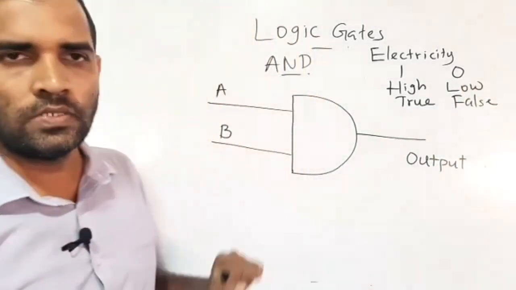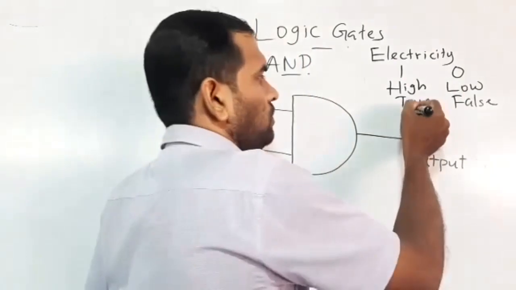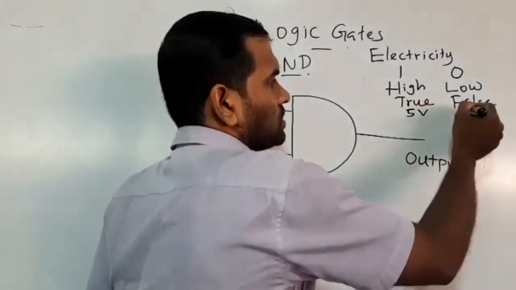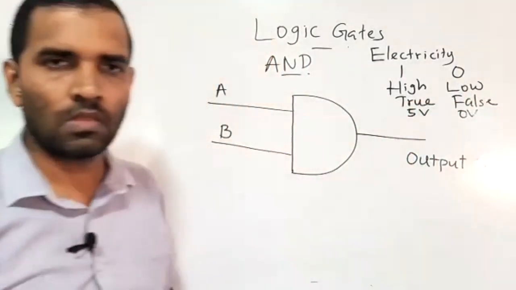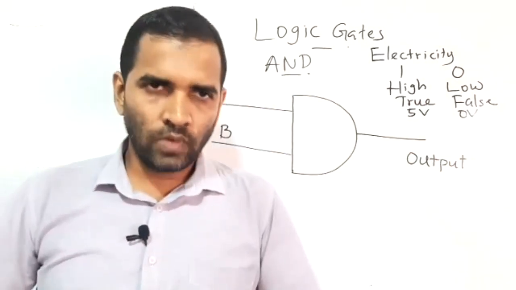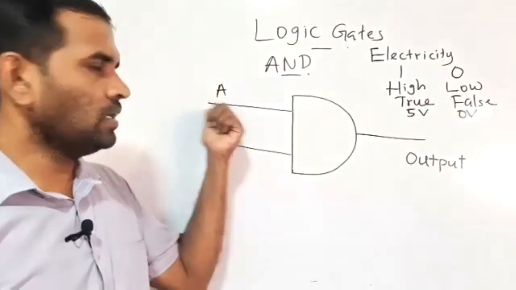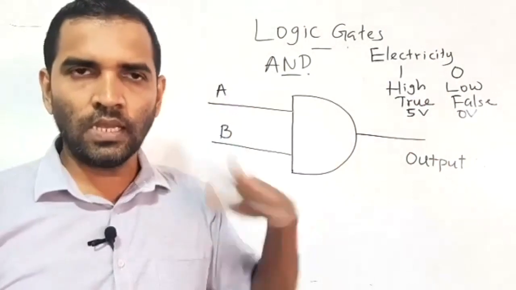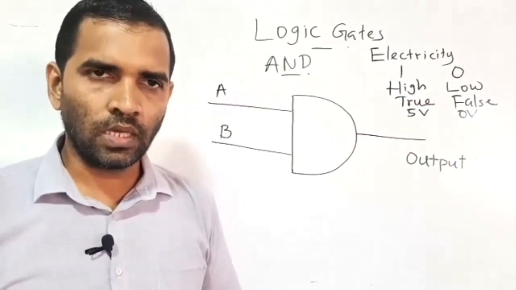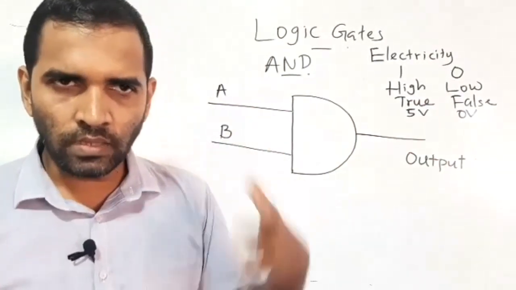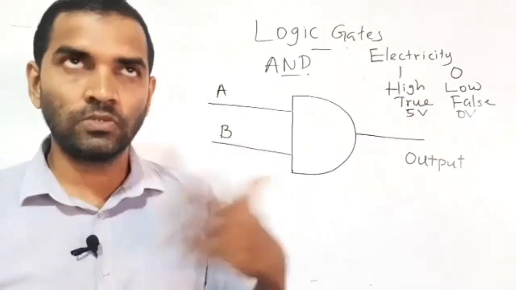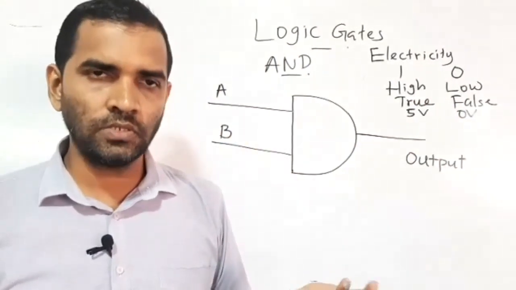You can even say 5 voltage, 0 voltage. 5 voltage means there is a current flow, which means electricity is flowing, because generally 5 voltage current is used.